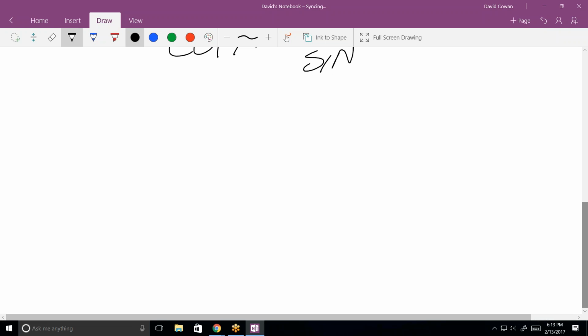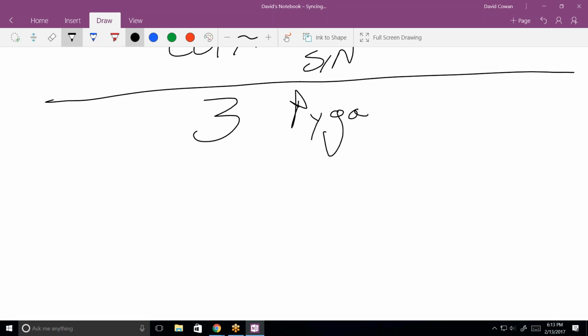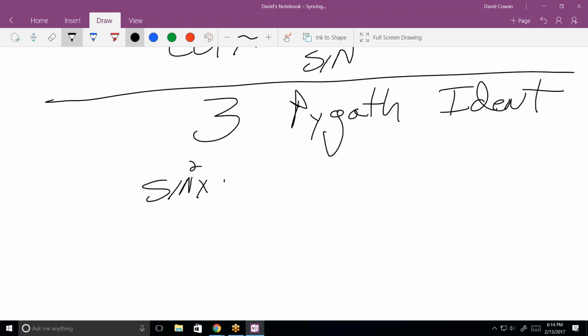There are 3 more: 3 Pythagorean identities, and these all deal with squares. Sine squared x plus cosine squared x equals 1, always, no matter what x is. No matter what angle you take, if you take the sine of it and square it and add it to the cosine squared, you'll come up with 1.